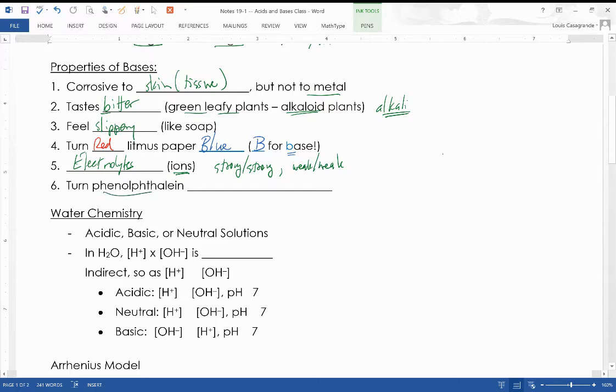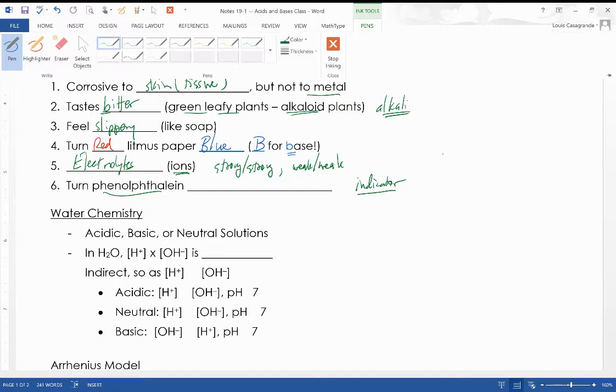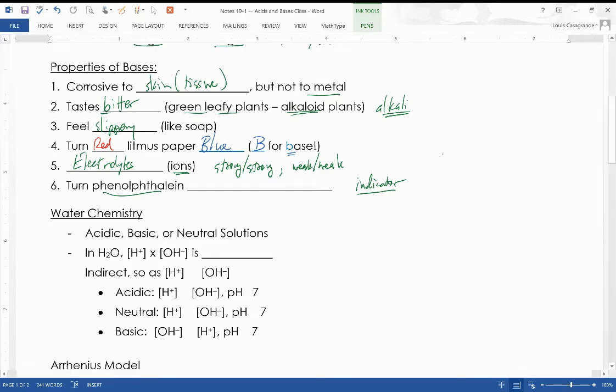Finally, there's something called phenolphthalein. This is an indicator. Now, acids and bases all react with indicators, but phenolphthalein is an important indicator. We're actually going to see this later on in our pseudo lab. Bases turn phenolphthalein pink.